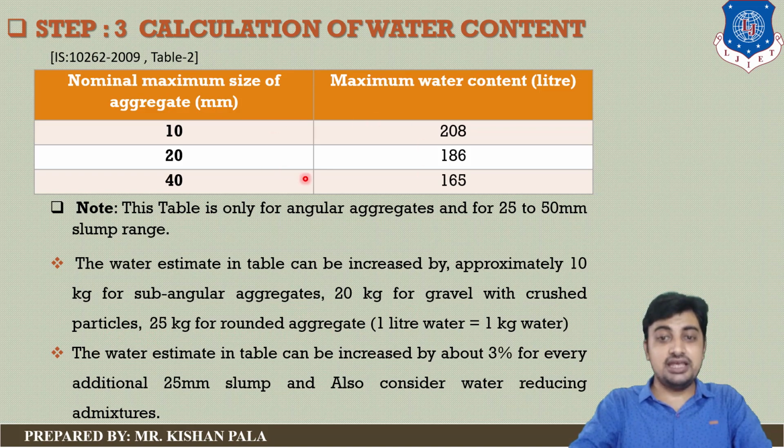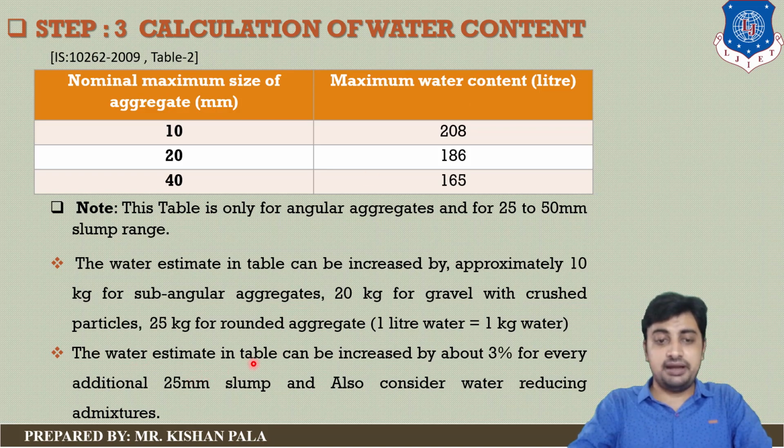So this table is for the angular aggregates, and in case you are using the subangular aggregates, crushed particles, or round aggregates, you have to correct these values. And this table is for the 25 to 50 mm slump range. If you are using more than the 50 mm slump range like 75 mm or 100 mm, you also have to correct for these values which have been given in your table.